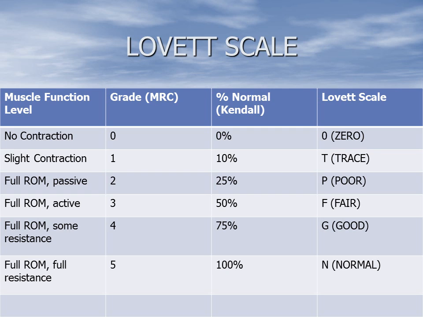Now, the resistance is applied by you, doctor, and so it's up to you to decide what qualifies as full resistance, and that's going to vary based upon several things. Number one, that's going to vary based upon which particular joint it is that you're testing. For example, you're going to be able to apply much more pressure to resisted knee extension than you would apply to resisted wrist extension. But they could still qualify for grades of 5 if they demonstrate full function.